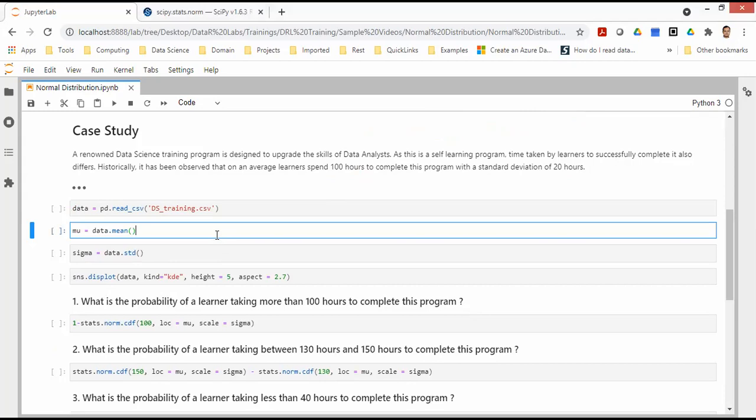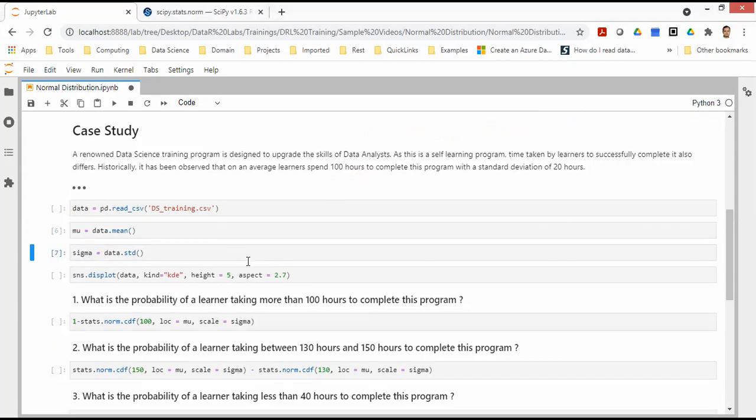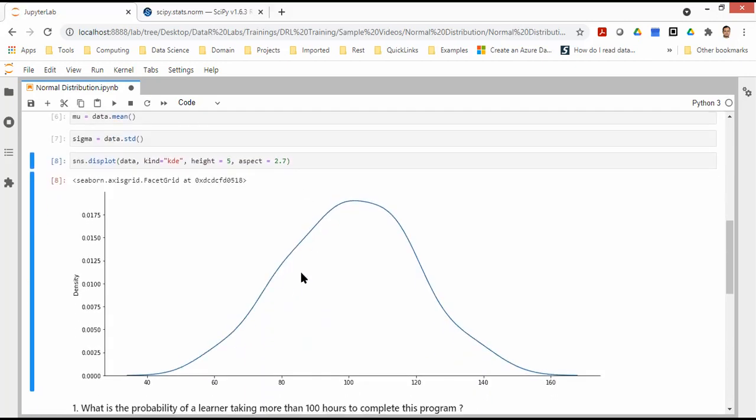I've already executed and captured the data into the variable data. I'll get the mu and the sigma, and then let me quickly plot this data to figure out how the data is being distributed visually. If I look at it, it's very close to normal distribution, although not exactly normal.